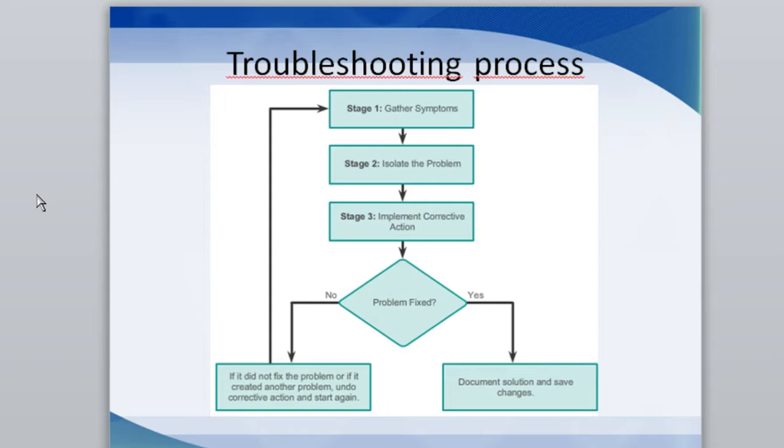The troubleshooting process is pretty much what this chapter was intended to be about. As we can see, the troubleshooting process is also a 3-stage process, but as we can see in the diagram, it can be a cycling process.